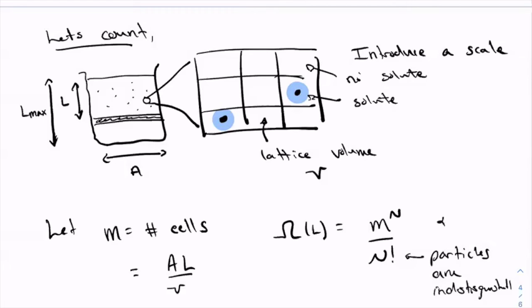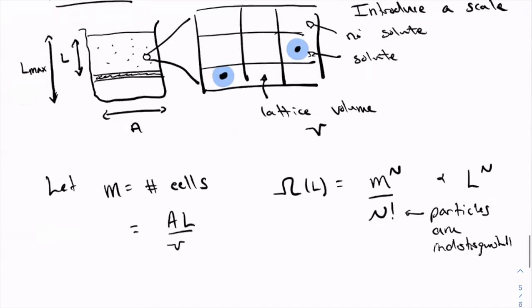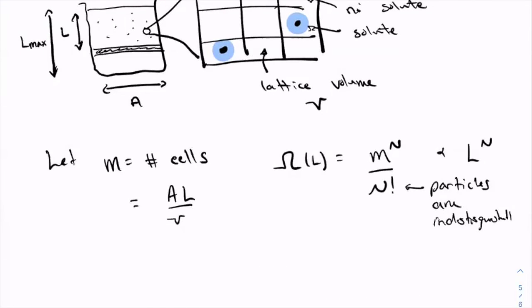Importantly, though, the number of those ways that I could put solutes down in M cells is proportional to L to the N. So the number of ways increases incredibly rapidly with L. So it will be maximized where L takes its largest value.